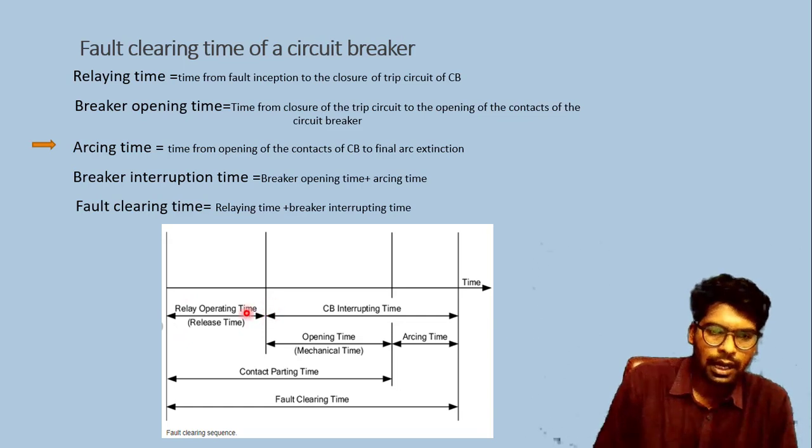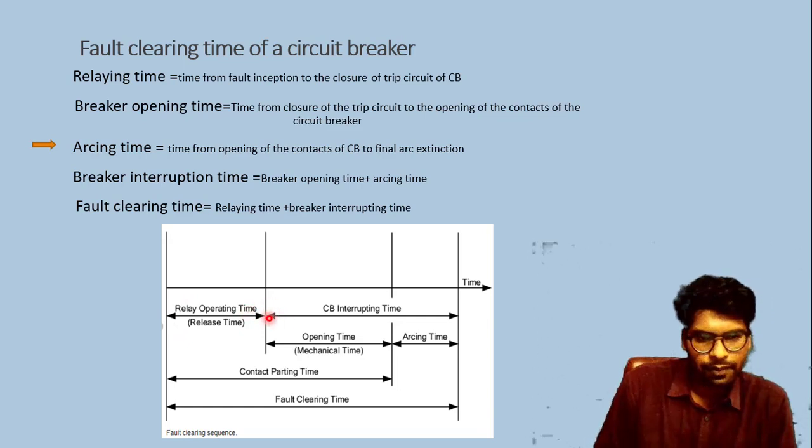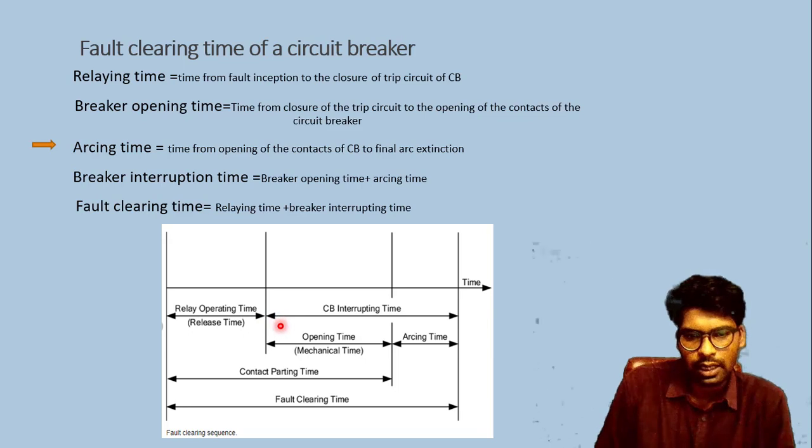Okay, and then when the trip coil gives a signal, the circuit breaker starts operating. The opening time of a circuit breaker starts from here. That is the mechanical time. Once it starts opening, there will be an arc here.